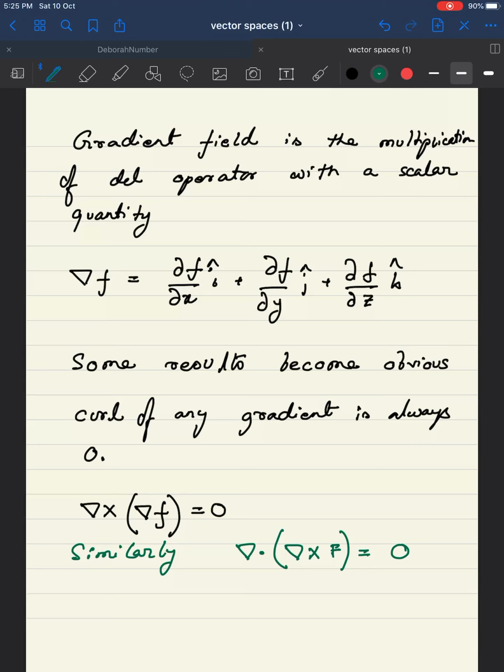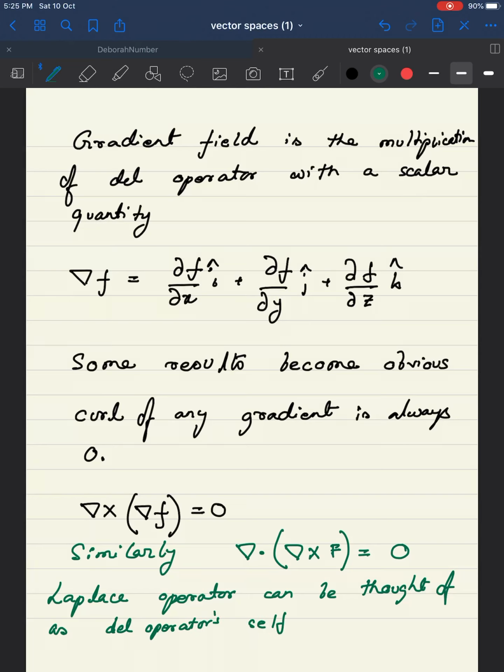Finally, the Laplace operator can be thought of as the del operator's self dot product.